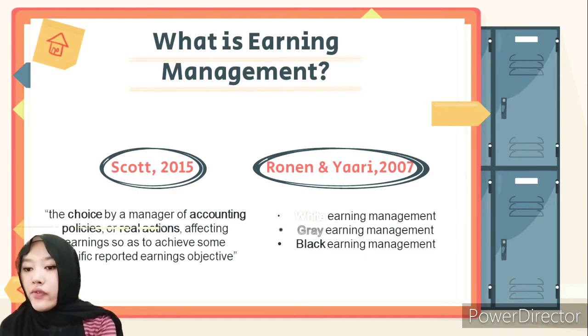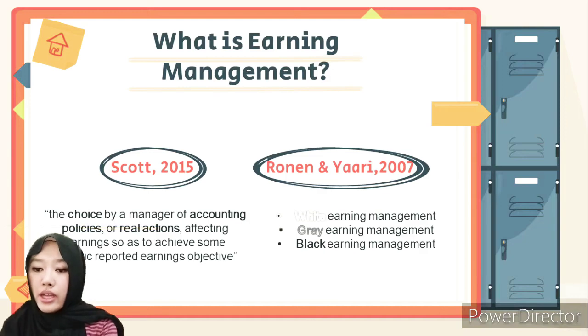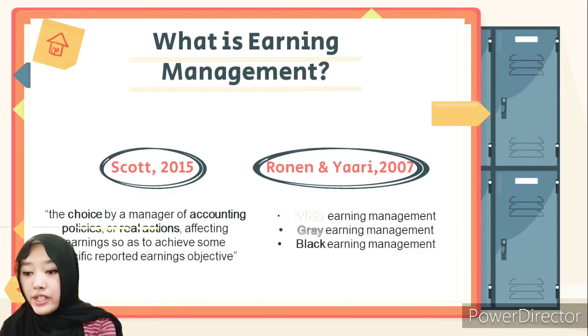And from Ronen and Yaari 2007, they classify and define earning management into three: white earning management, gray earning management, and black earning management. White earning management is when the action takes benefit from the flexibility in the choice of accounting treatment to signal the manager's private information on future cash flow.